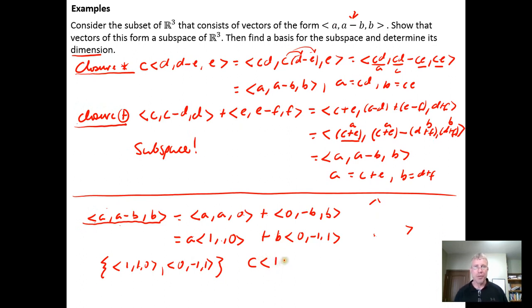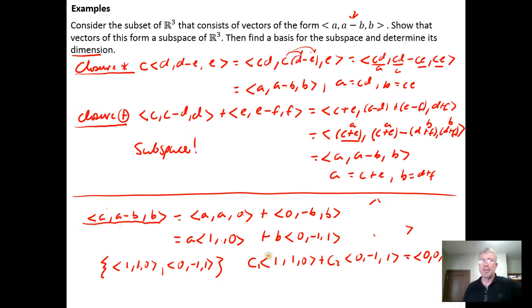But, if we were to formally verify that they were linearly independent, we could go, hey, let's do a scalar times 1, 1, 0, plus a second scalar times the vector 0, negative 1, 1. And we set this equal to the 0 vector. This is how we test for linear independence.